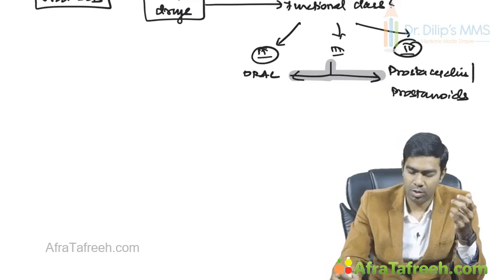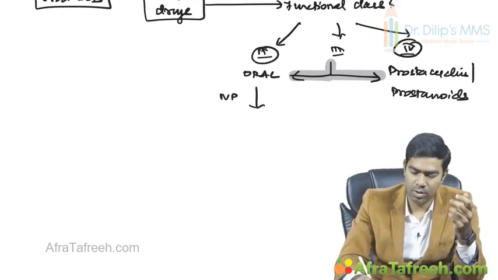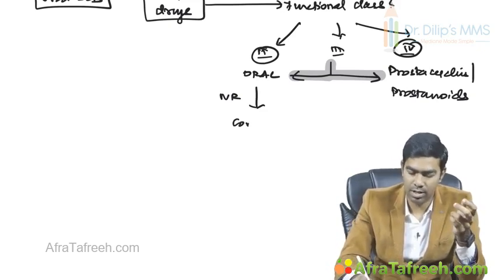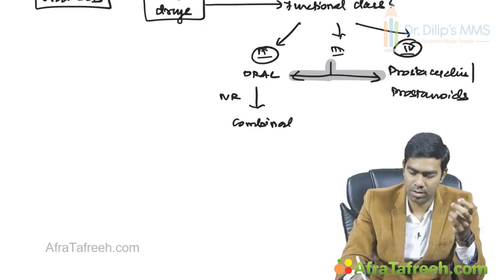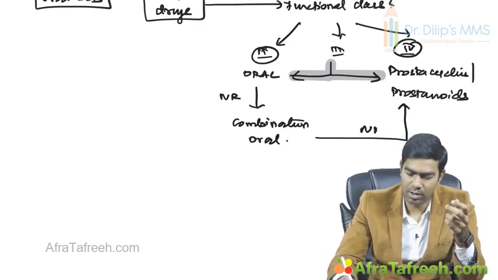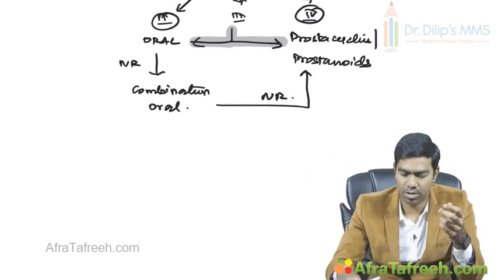Clear? So, once oral drug is showing a very poor response, they are not responding properly, then you can try combination of oral drugs. If combination oral drugs is also not working, then you can try prostacyclins and prostanoids.